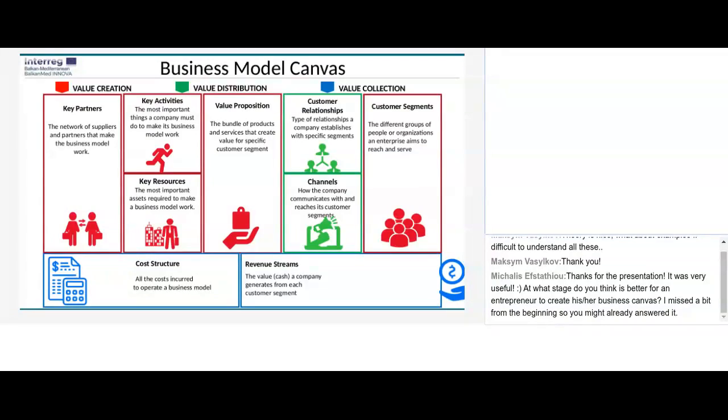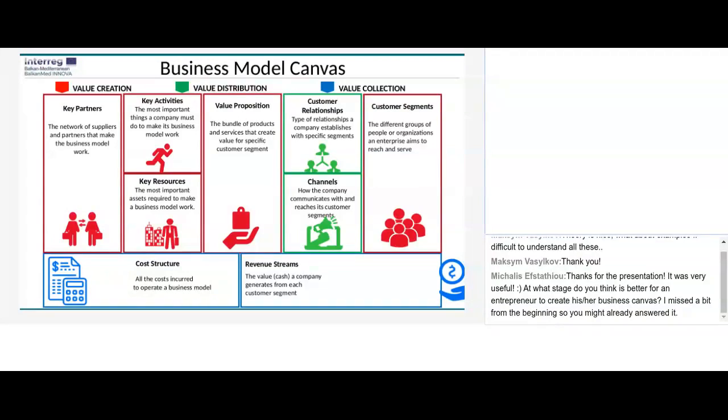So to conclude to your question, at the beginning, when you have the idea, you create the canvas as well. This is really good practice, and through this you also learn the framework better by doing it.